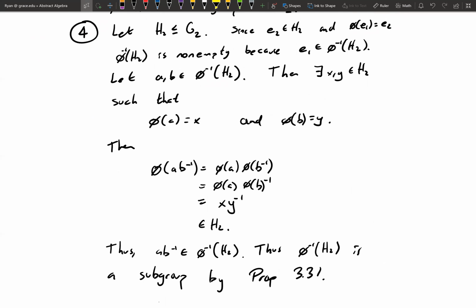But I can't just start off with A times B inverse. I don't have enough information to know what to do with that. But I can look at phi of AB inverse and I get something that's in H2, which shows me that it's in phi inverse of H2.